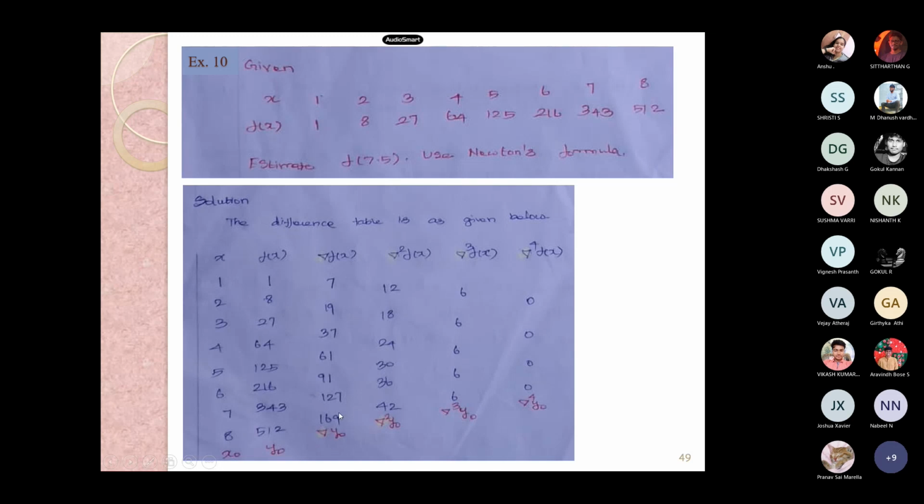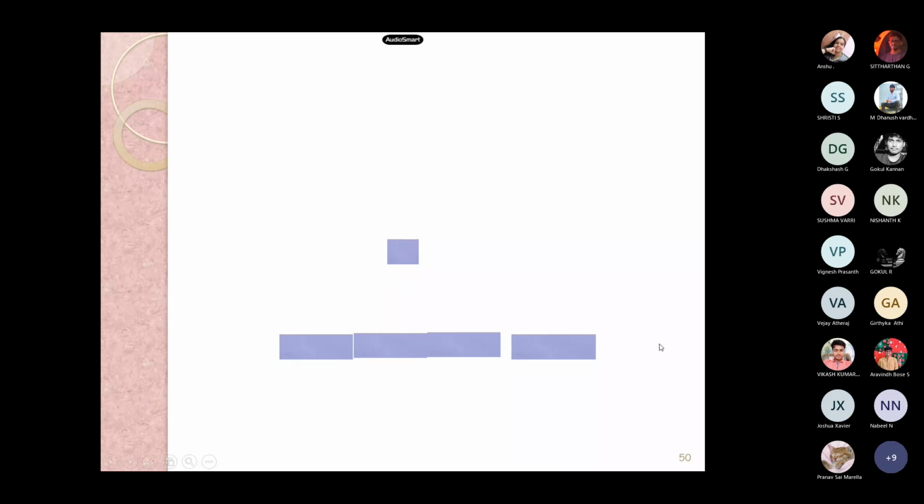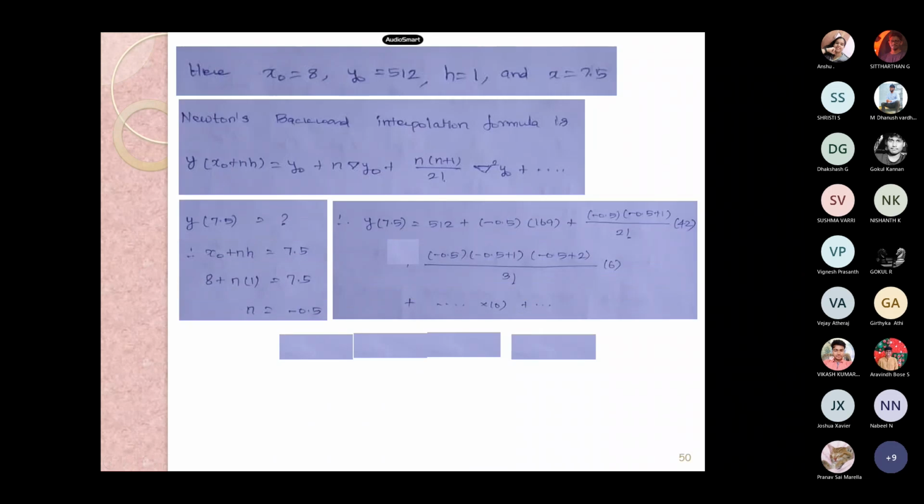The del y naught has to be taken from the bottom, 169, and the second difference of y naught is 42, the third difference is 6, and it continues. Here 169, 42 and 6. Minus 0.5, here minus 0.5 plus 1, and it continues.